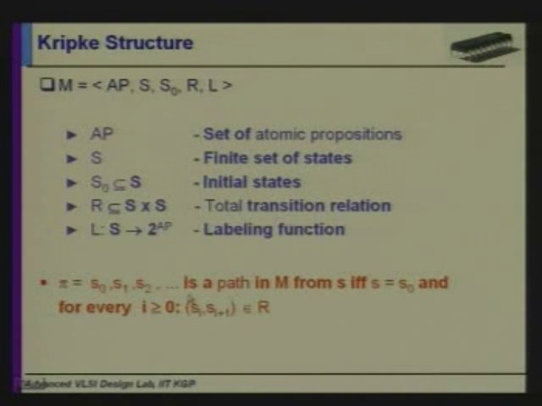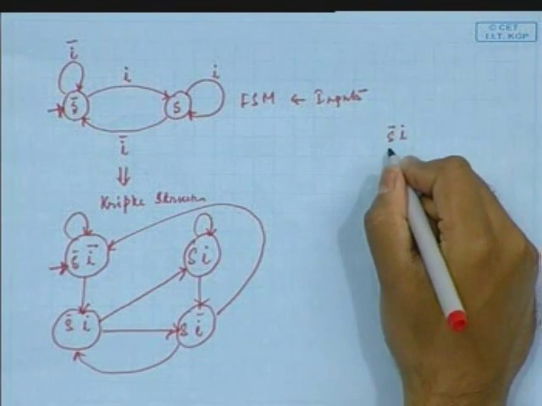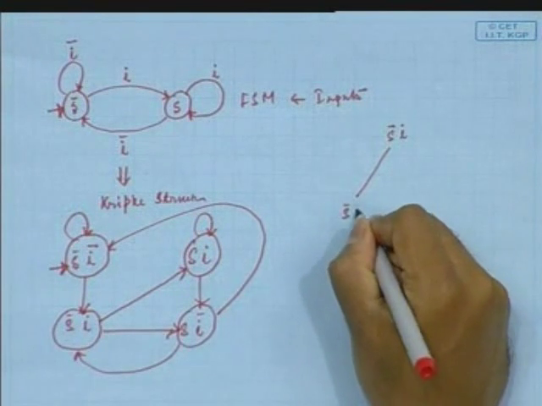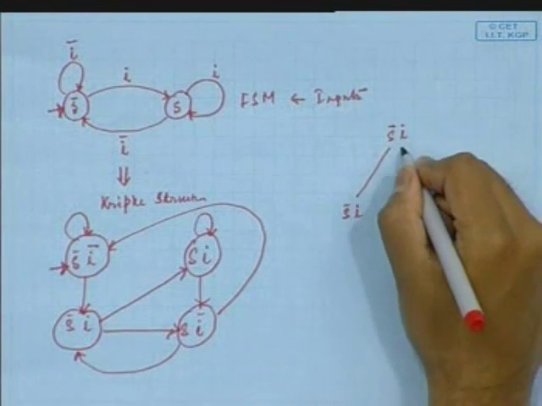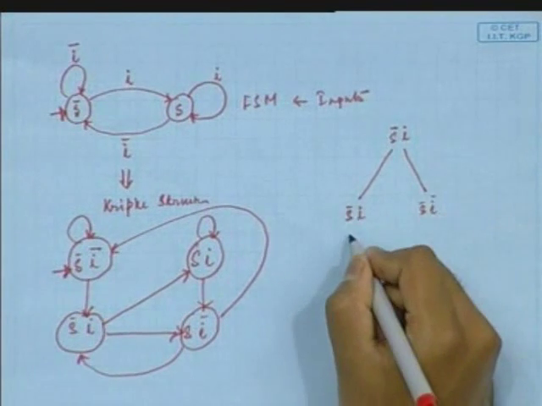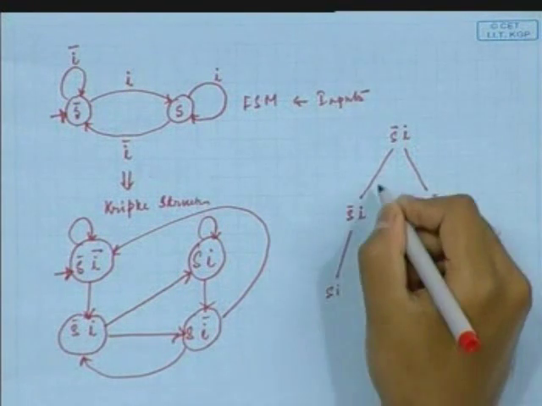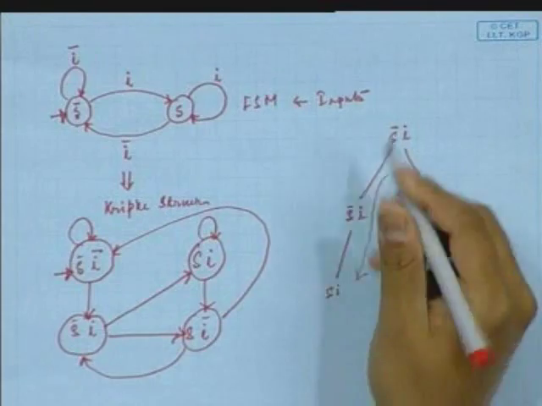Now a path in this Kripke structure is represented like this: S0, S1, S2, from the starting state. Let us start with this one, S bar I. So this is basically a path in that Kripke structure.